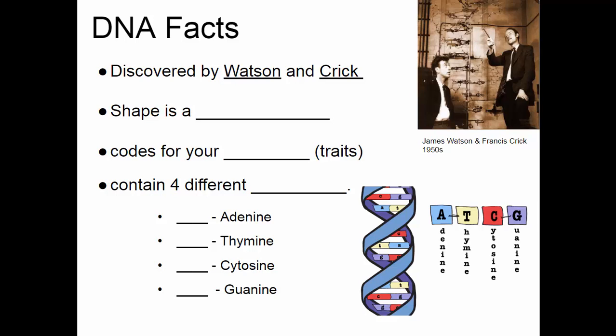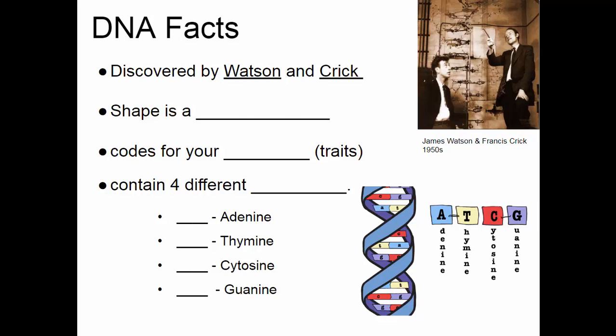All right. So DNA was discovered, well, I shouldn't say discovered, the structure of the DNA molecule. The typical shape that we all are familiar with, the double helix shape, was first described by two gentlemen from England, James Watson and Francis Crick.